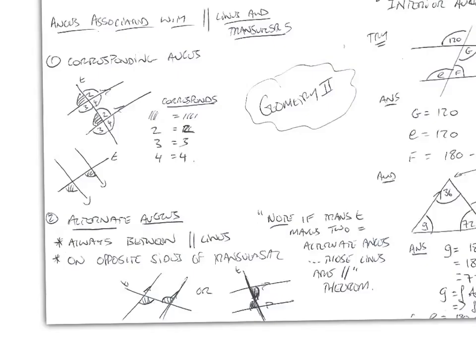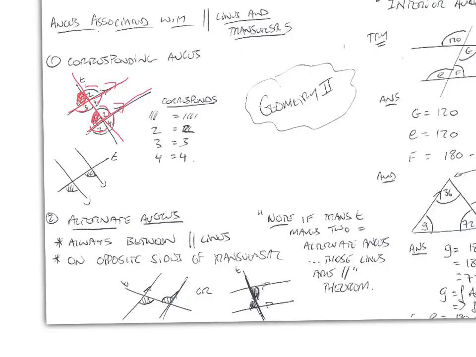Okay, the first rule is that if I have two parallel lines and a transversal T cutting through both lines, the corresponding angles, the angles that are created by the transversal as it goes through both parallel lines, are equal. So they're the same.